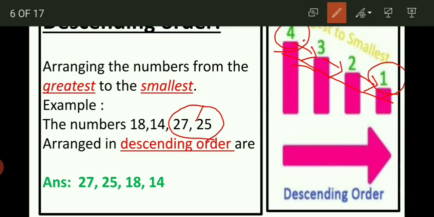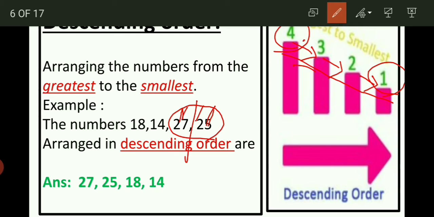Now let's see the value in their ones place. In the ones place, here it is 7, and here it is 5. Now tell me, children, which one is the greatest number? First we search for the greater number within these two numbers.